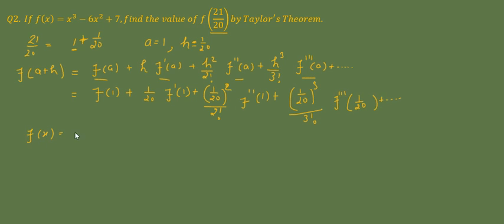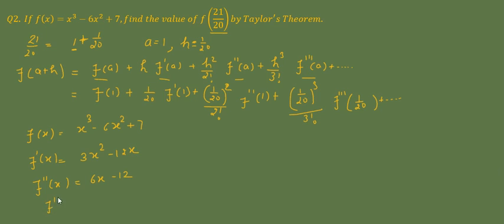Fx is x cube minus 6x square plus 7. Now compute the first derivative f dash x, that is 3x square minus 12x. Now double derivative at x will be 6x minus 12.